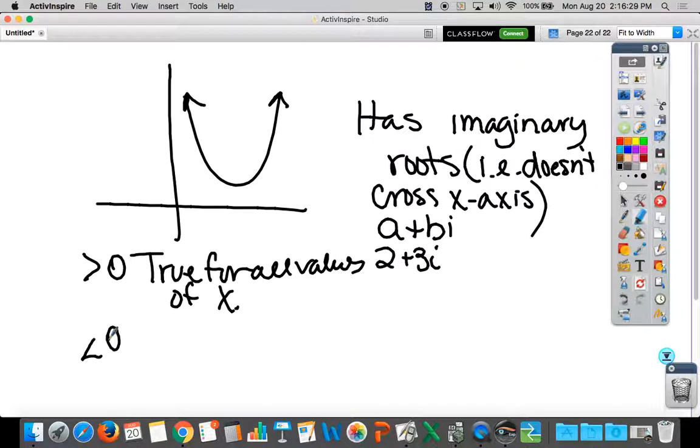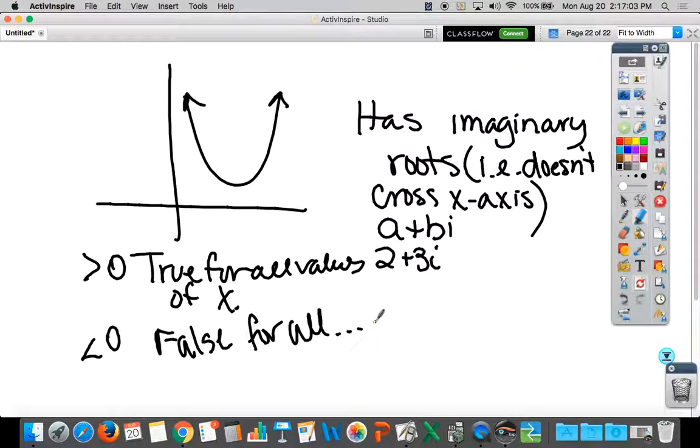Or in the terms of it written like this, it would be false for all values of x. So not all your quadratics go through your x-axis. All right, let's work on another one.